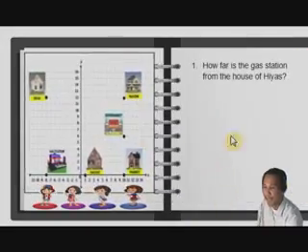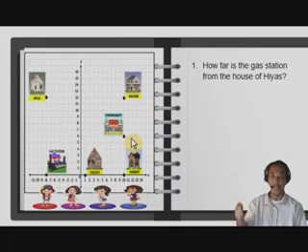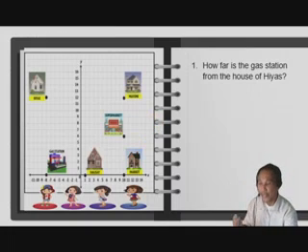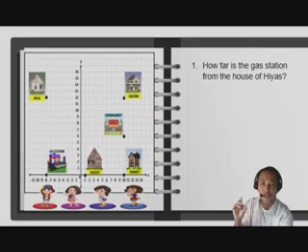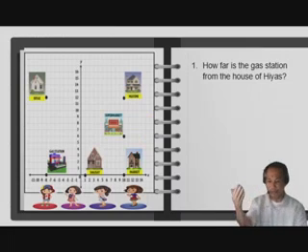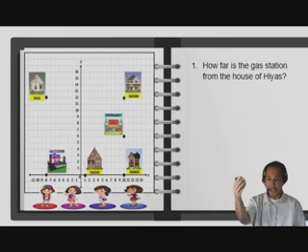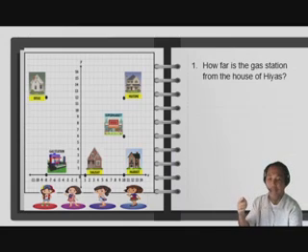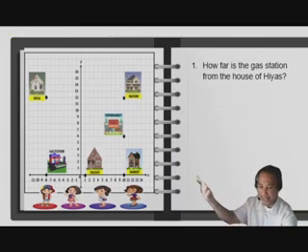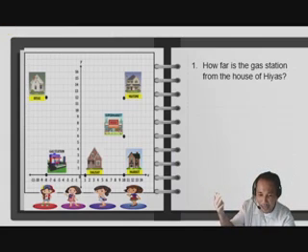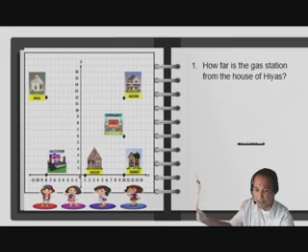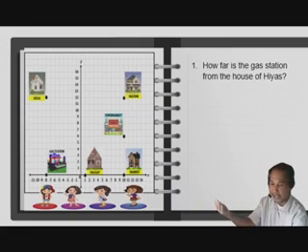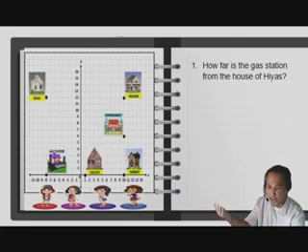So, using that representation, we have problems to be answered. The first problem, how far is the gas station from the house of Hiyas? So, nasan yung sa gas station? This one. So this is the gas station here. And then for Hiyas, house of Hiyas, where is this one?